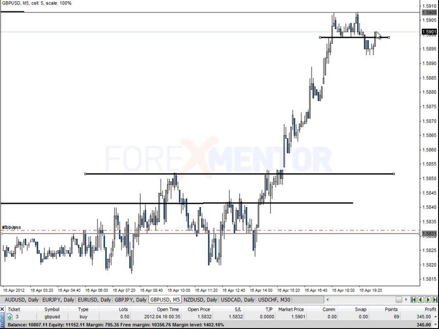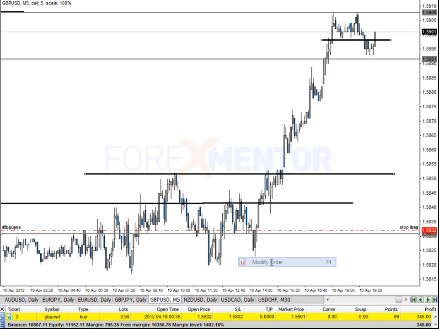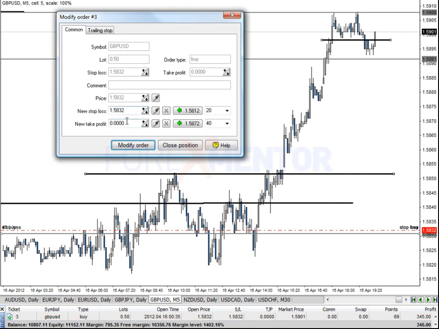Okay, so you see how price rallies and breaks back above. What you can do now is you can move your stop loss up. We can move it all the way up to just below this low. Okay, so 58.91. What I'm going to do is I'm going to modify this, and here again, being very aggressive in terms of a big pattern like this, but I want to show you guys different ideas in terms of the actual trade management.